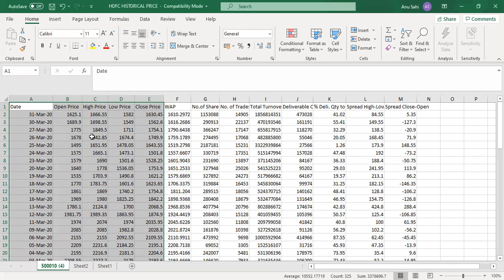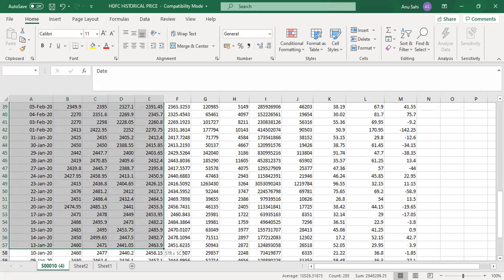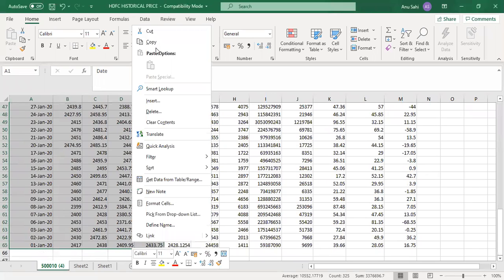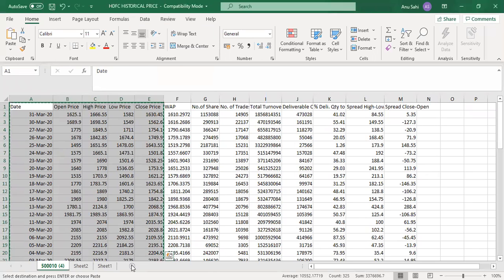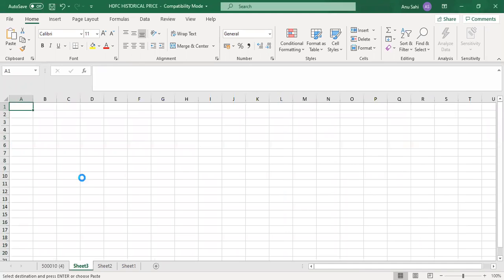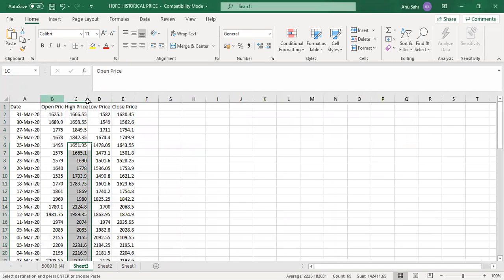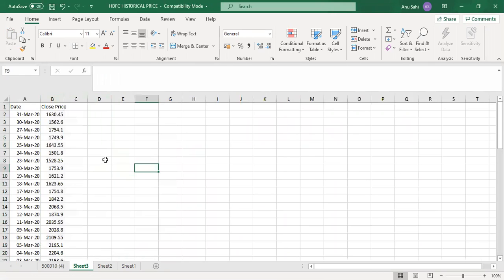So I am just copying the date and this, and dragging it down. I will open one spreadsheet, and then date. Now this I don't need. Opening price, this I don't need. I will be deleting it. I need only the closing price and the date, right?